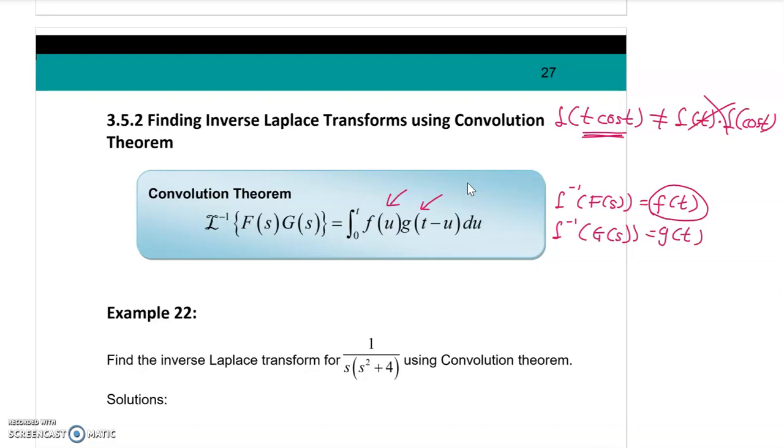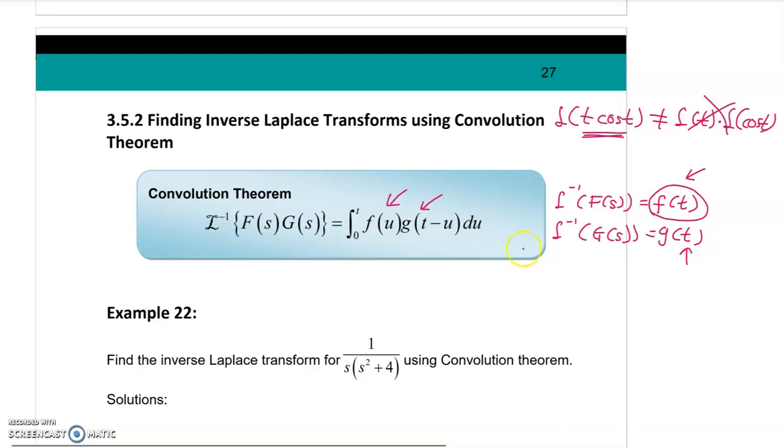If we know g(t), then we can simply get g(t minus u). So the task is to get f(t) and g(t) first, and the next step is to solve the integral. The difficulty in the convolution theorem is most likely in solving the integration. Other than that, it's just a straightforward solution.